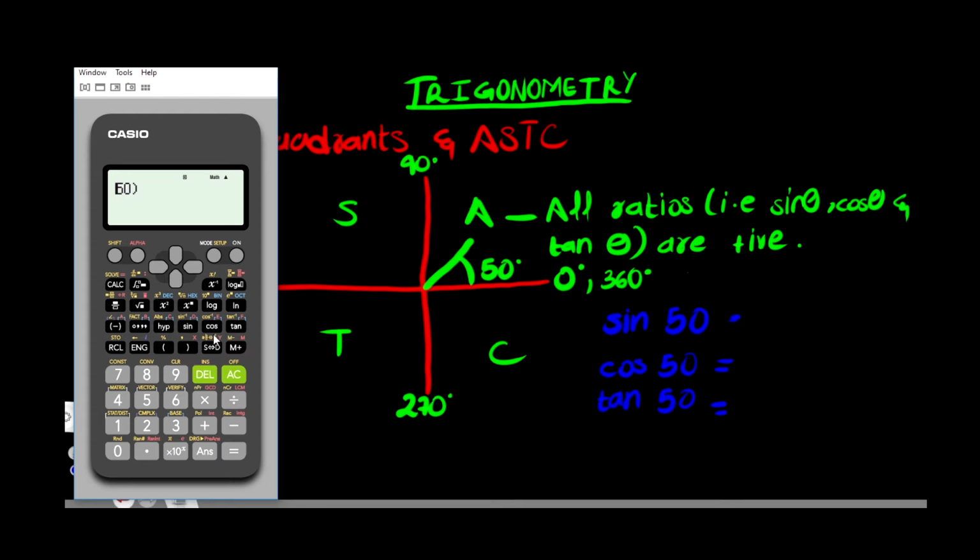Similarly, cos 50 also gives a positive value, and tan 50 should also give a positive value, and it does. We do not care about the values themselves, we care about the signs only, since I claim that the ratios of sine, cos, and tan are going to be positive. So if I plug in sine 60, sine 70, sine 80, any angle between 0 and 90 degrees, all of these ratios are going to give me a positive answer.